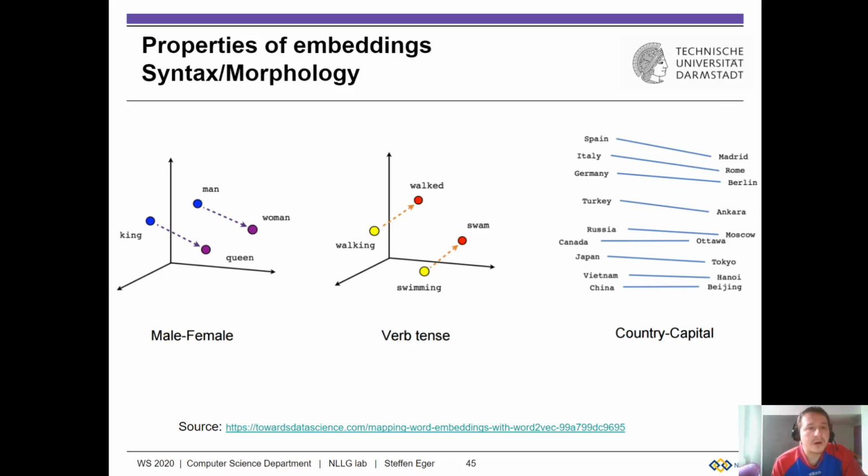And when we talk about syntax or morphology, so these are more grammatical properties of words, what we find here, for example, let's look at this example here, is that walking and walk are different grammatical forms of a word. So this is the gerund and this is the past.